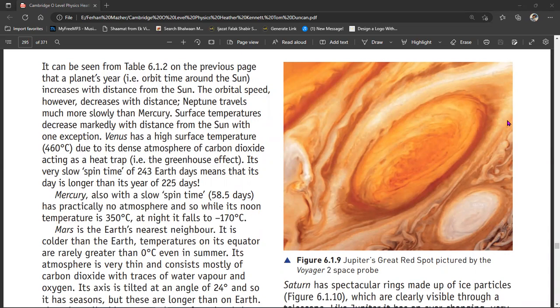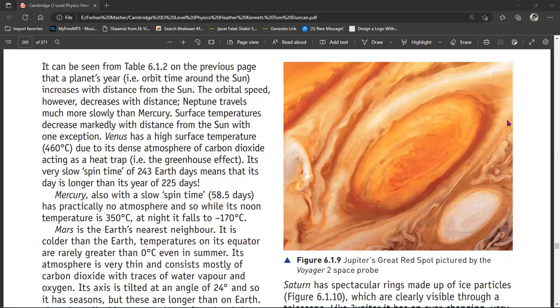Surface temperatures decrease markedly with distance from the sun, with one exception. Venus has a high surface temperature, that is 460 degrees centigrade, due to its dense atmosphere of carbon dioxide acting as a heat trap, that is the greenhouse effect.